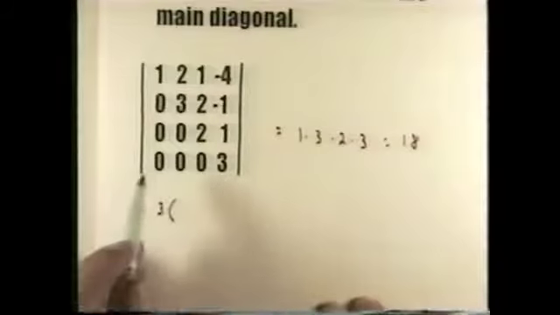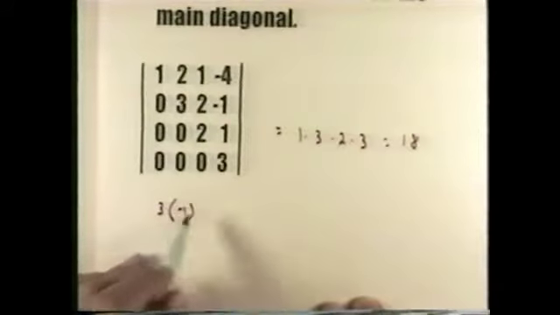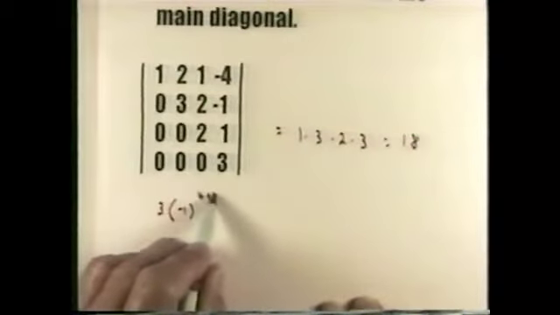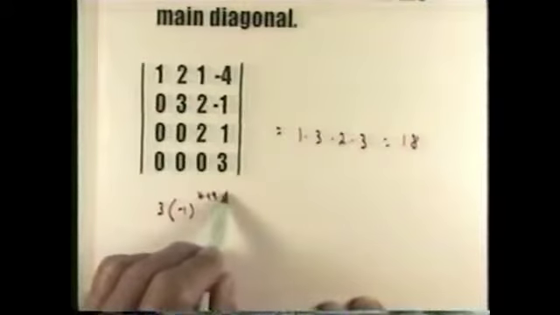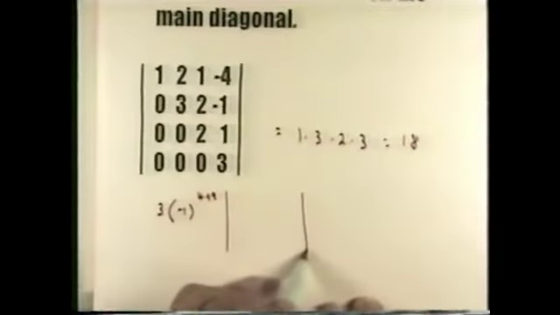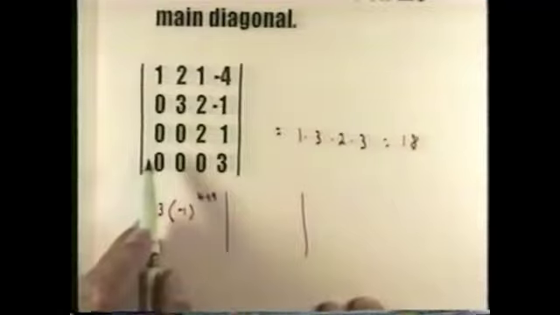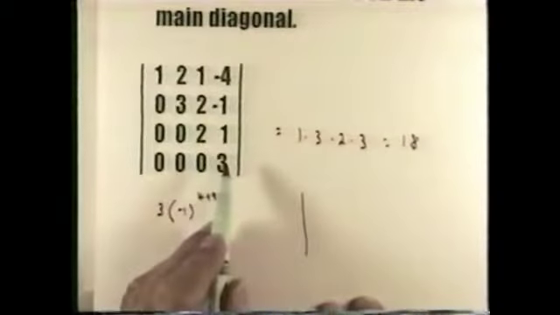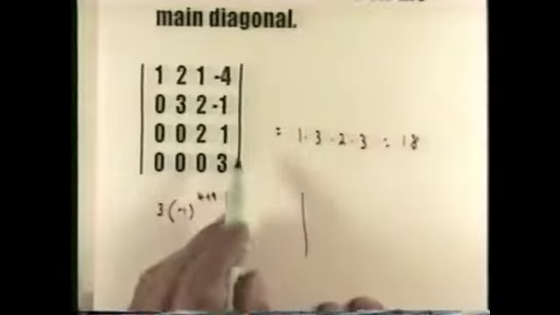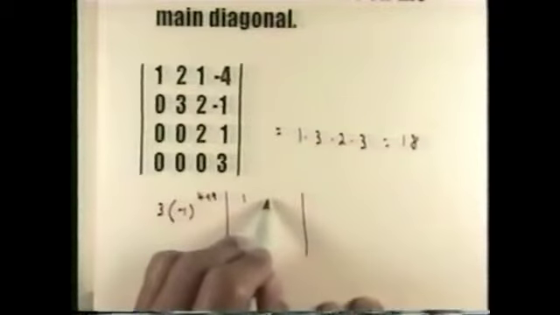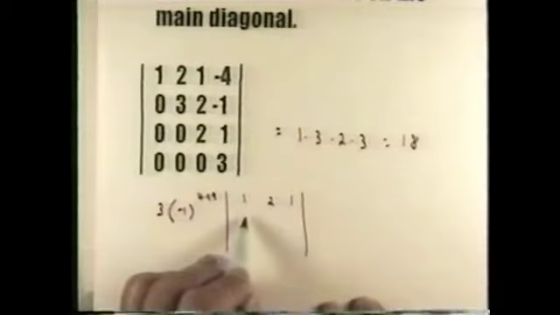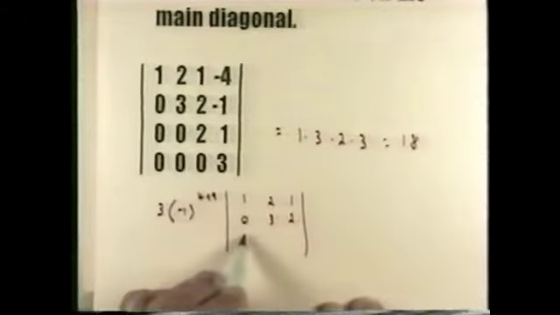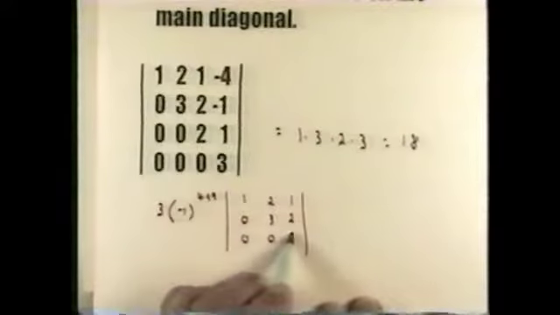Its cofactor is going to be negative 1 to the 4 plus 4 times the minor, which is what I would have if I take out row 4, column 4. So if I take out row 4, column 4, I'm left with 1, 2, 1, 0, 3, 2, 0, 0, 2.